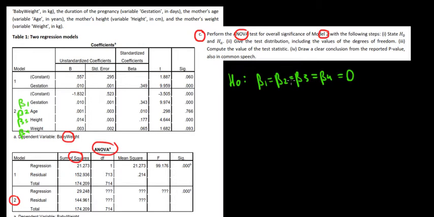And when we say that not all of them are 0, it's enough for us to have at least one of them significant, not 0. It's either positive or negative, because if at least one of them is significant, it makes sense to include all our independent variables in the model.